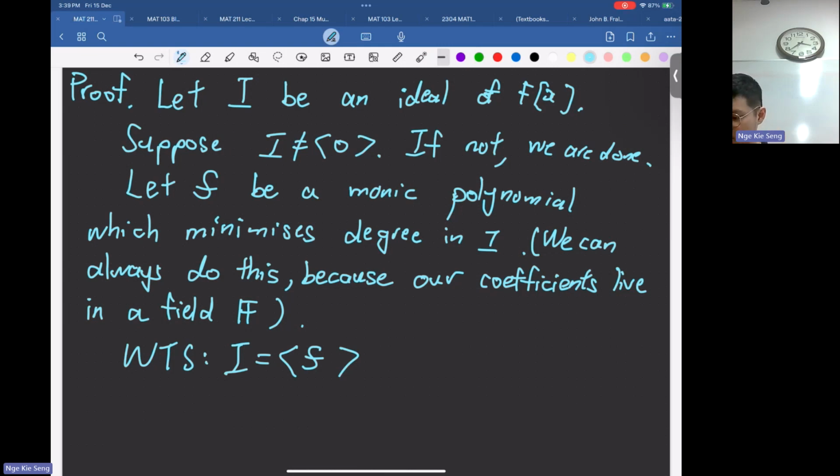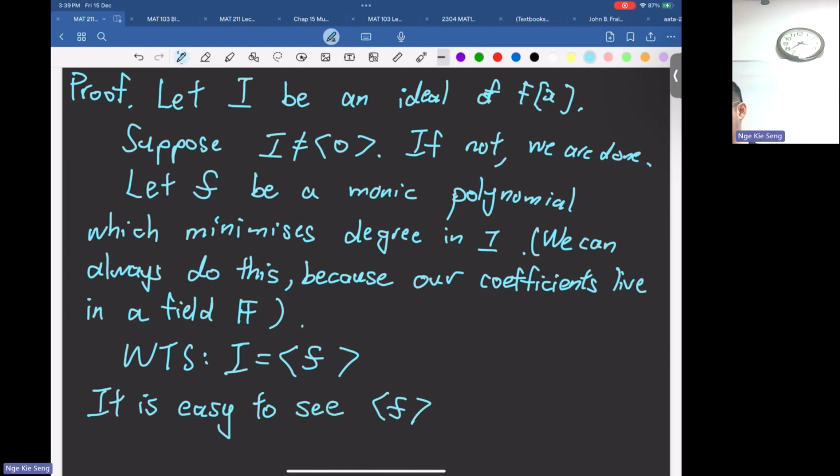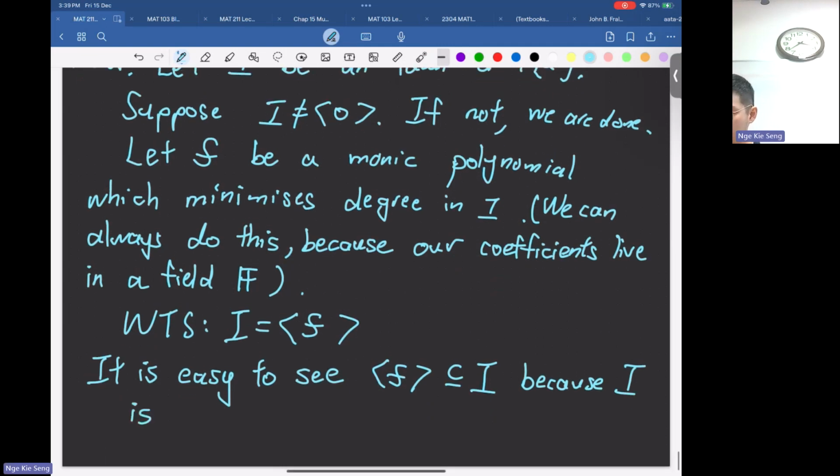So it is easy to see the principal ideal generated by f is a subset of I. Again, because I is an ideal, f is in the ideal, so multiples of f should be in the ideal, because I is closed under multiplication with the ring elements. Make sense?